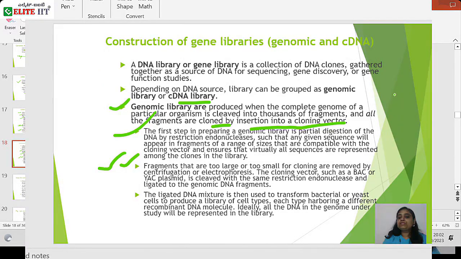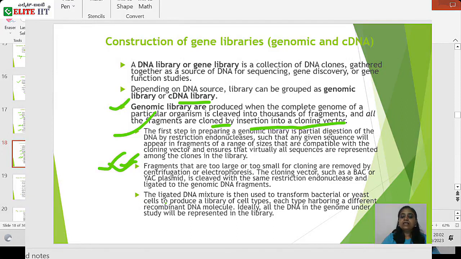Actually, the same restriction enzymes are used for the cloning vector as well as for the genome of interest. If you are using a eukaryotic system, BAC or YAC plasmid, you insert all the fragments, so you can get multiple recombinants for multiple fragments.